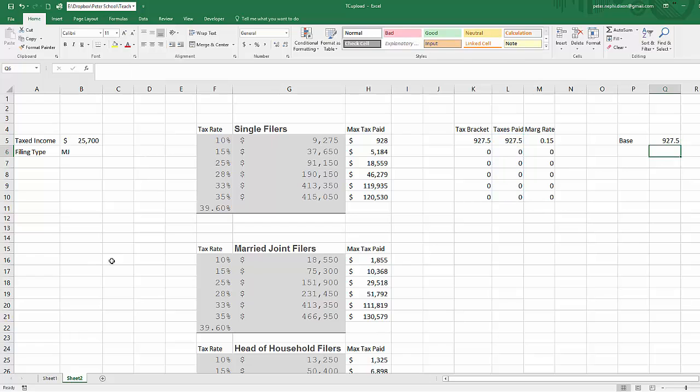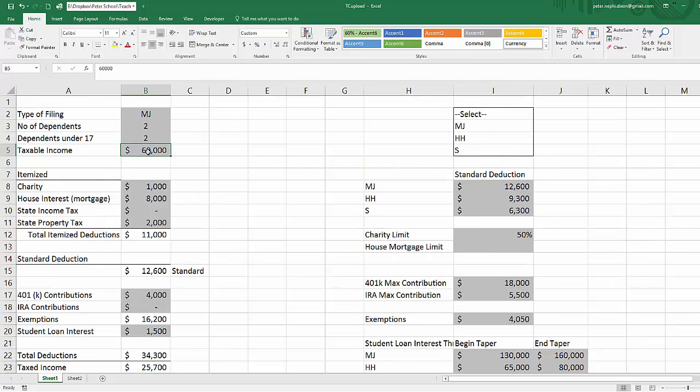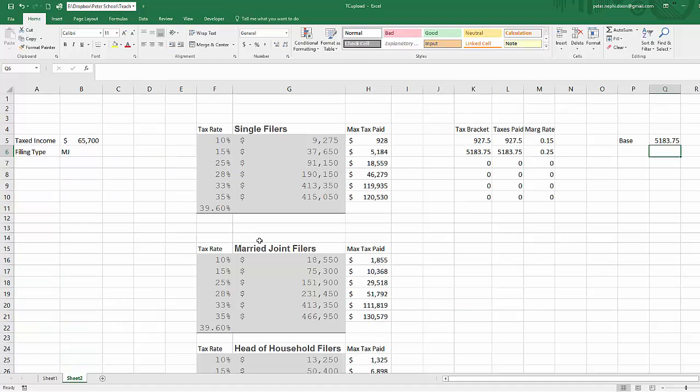Because if our income were higher, let's move our income up to $100,000. We can see now that if our income is $100,000, we have a taxed income of $65,000, which means that on the first $37,000, we're going to pay this $5,184, and then on the rest of our income in between $65,000 and $37,000, we're going to pay this marginal tax rate right here.